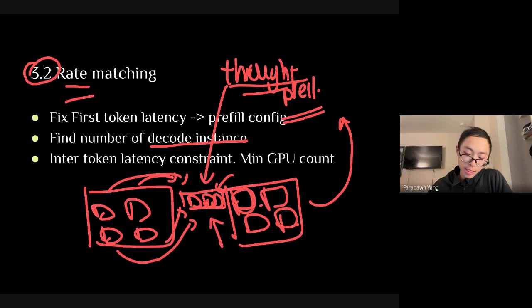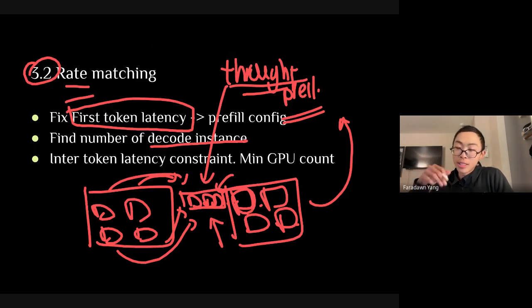So to do this, first, let's fix a first token latency. That is how long you process the input, the context. And this is usually between 1 second and 10 seconds. Think about GPT. When you throw in a paper or an article, how long can you wait until it outputs the first token?